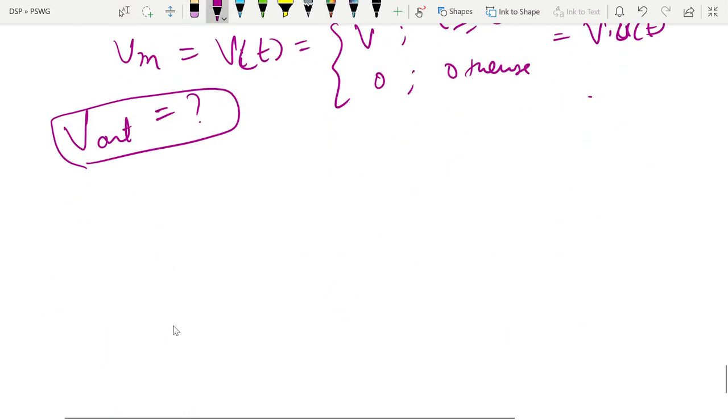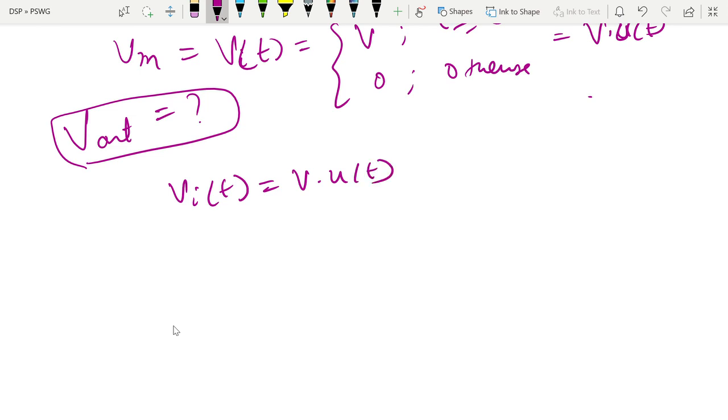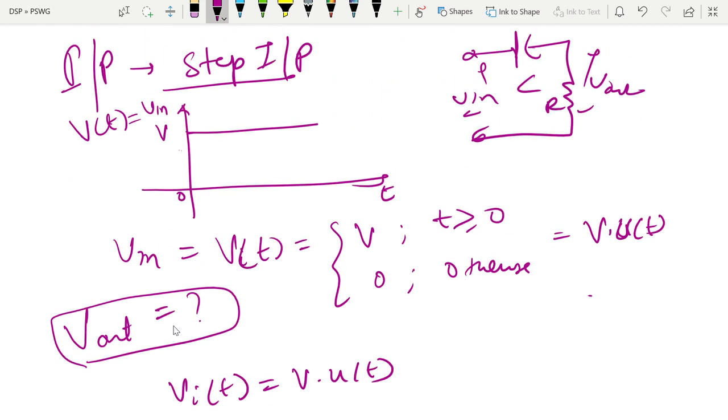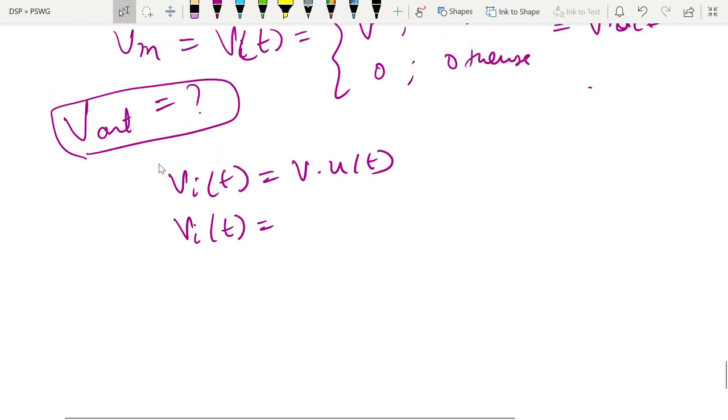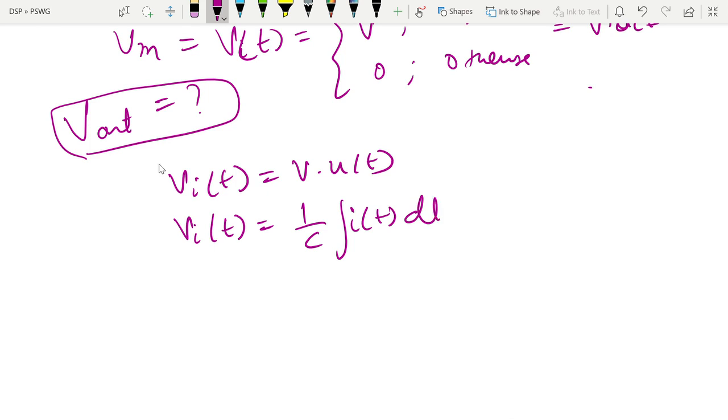First of all, by mathematical analysis, you know that the input voltage Vi(t) is V into u(t). Applying KVL, we have Vi(t) equals 1 by C integral of i(t) dt, which is the voltage across the capacitor, where i(t) is the current across the capacitor, plus R i(t).